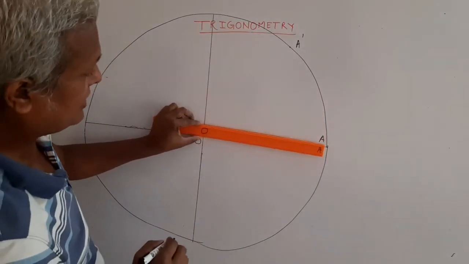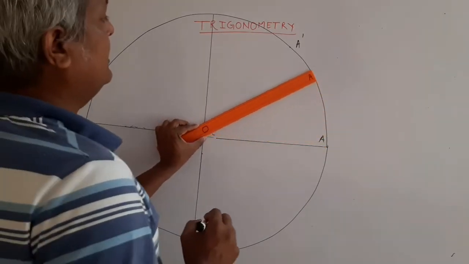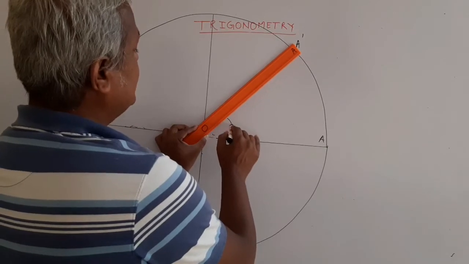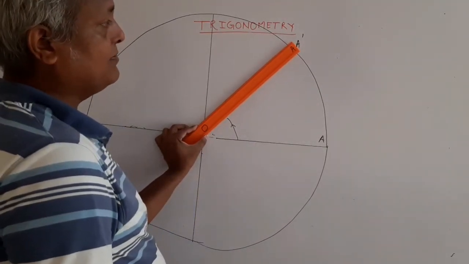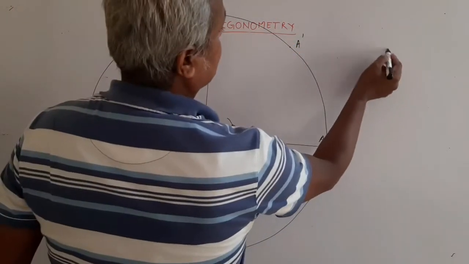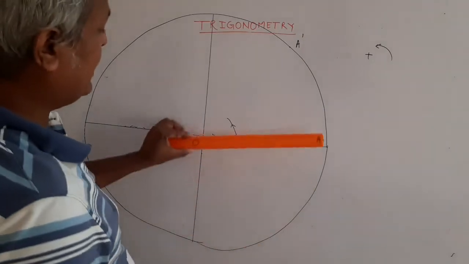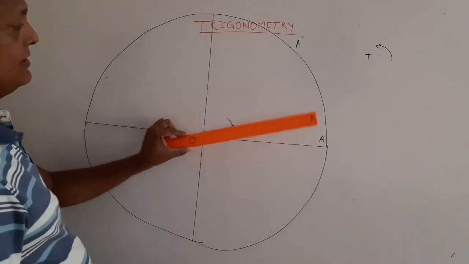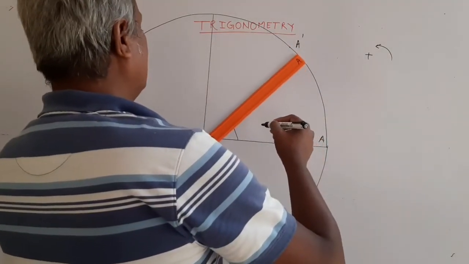O remains fixed there, but A is rotating and the angle is made like this, and it is anti-clockwise. Anti-clockwise angles are positive. And if you go clockwise, then these angles are actually negative. Sorry, we are going anti-clockwise.